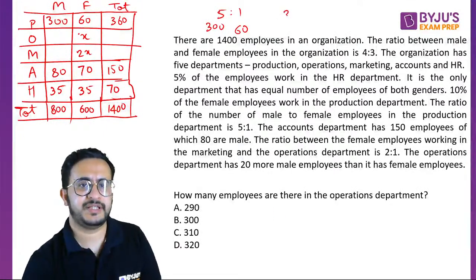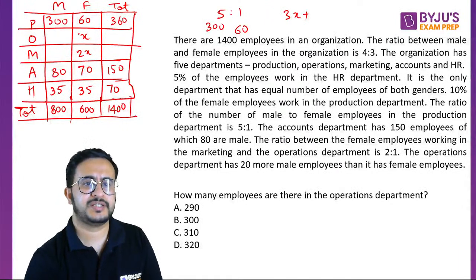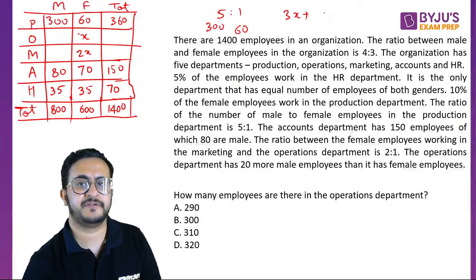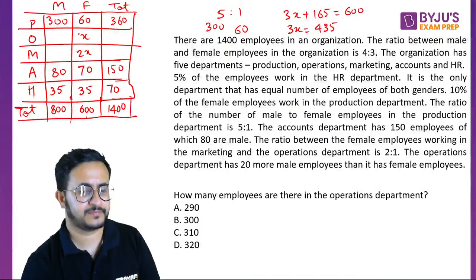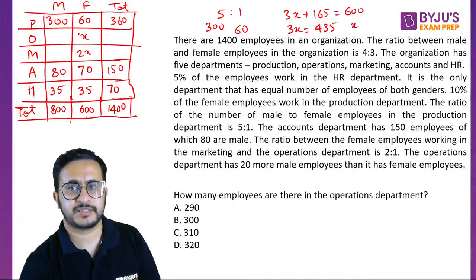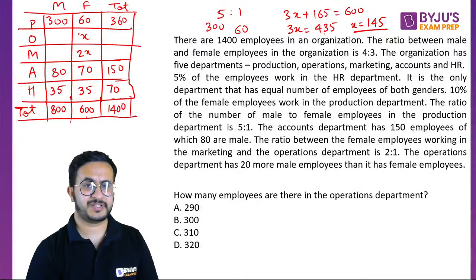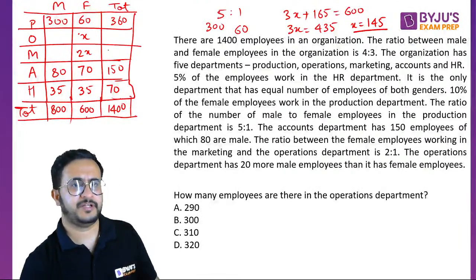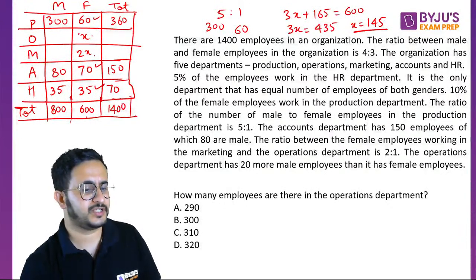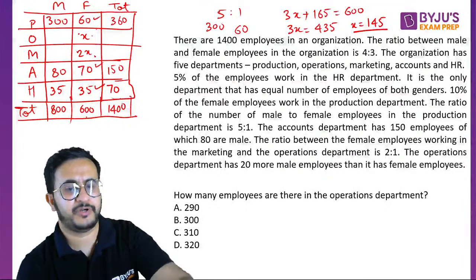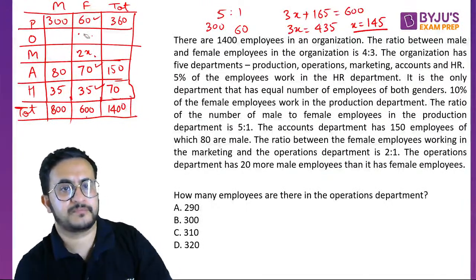So we have 3x plus 165, which is 130 plus 35, that is 165, equal to 600. So 3x is equal to 435, and you'll get x equal to 145. I hope you got this value. This value is given, this value is given, and these are in the ratio 1:2. So we get 145 and this will be 290.